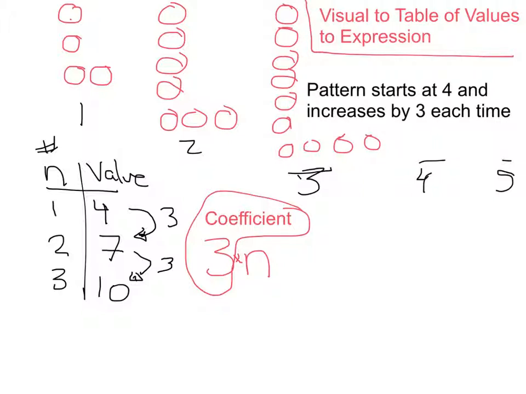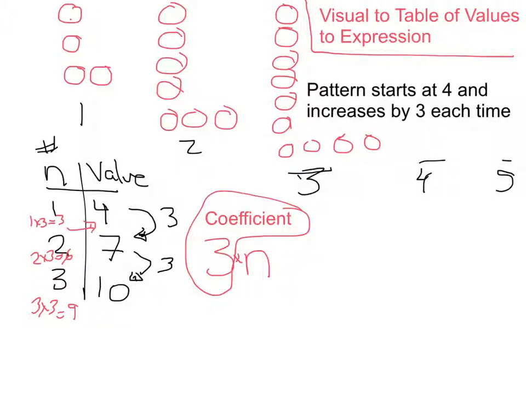So we need to figure out what's left. If I do 1 times 3, my answer is 3. 2 times 3 is 6, and 3 times 3 is 9. So now you have to think about what's left to happen.